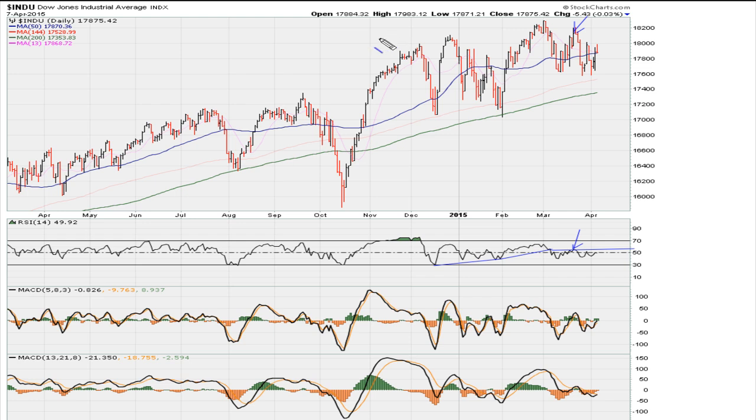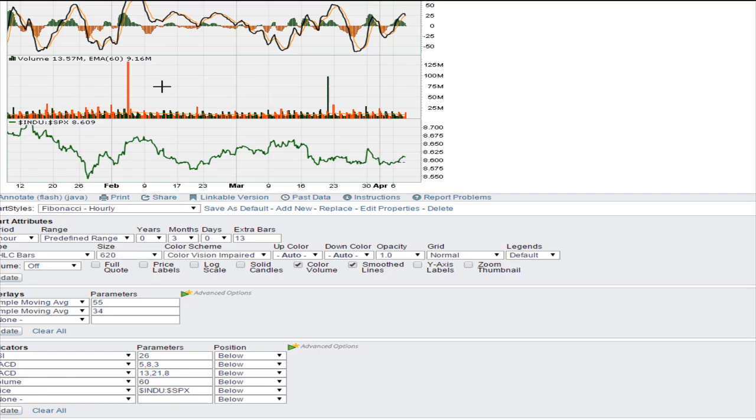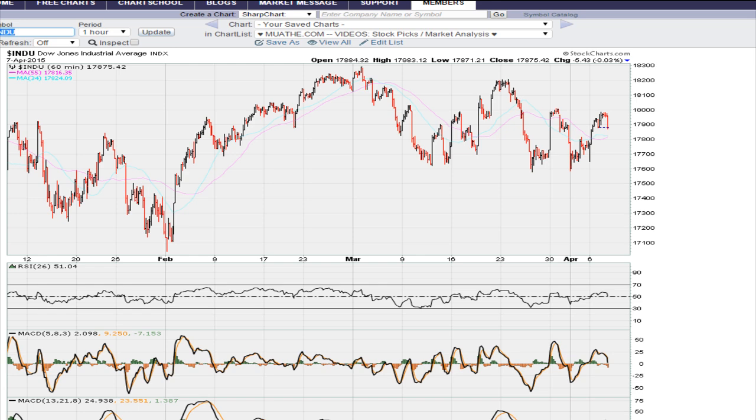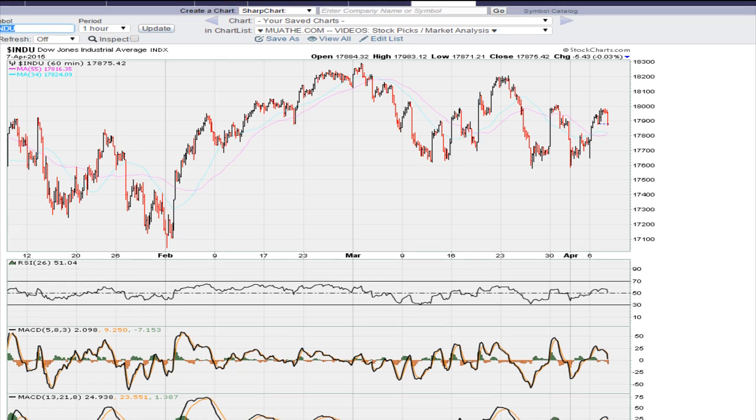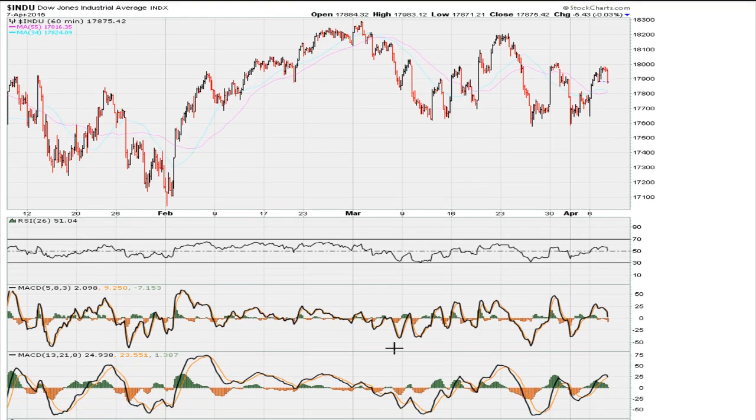More than likely, in my opinion, that indicates some type of resistance for now. But is it going to be a major resistance? I'm not sure. Also, the hourly for the Dow, I think I should come back to after I take a look at the Nifty hourly.